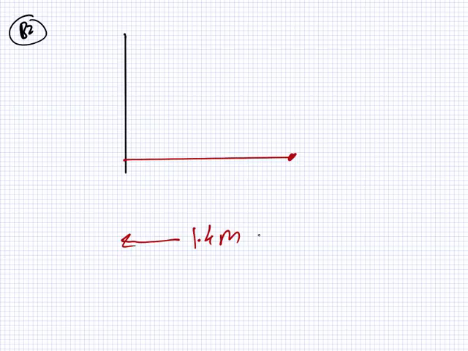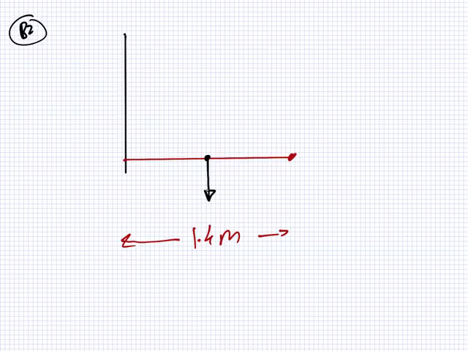A uniform sign of width 80. So here to here, that is 1.4. And then you have the weight here in the middle.